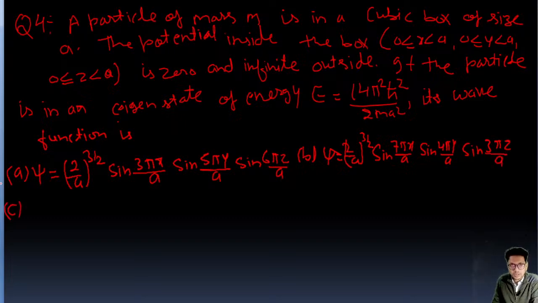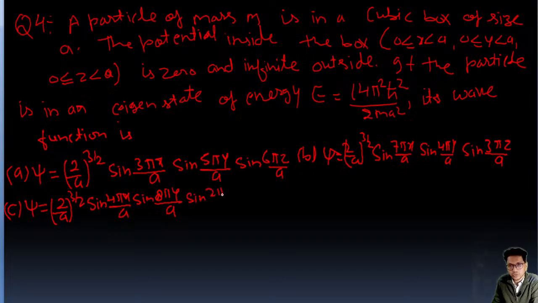Option C is psi equal to 2 upon a to the power 3 by 2 sine 4 pi x upon a, sine 8 pi y upon a, sine 2 pi z upon a. Option D is 2 by a. Okay.